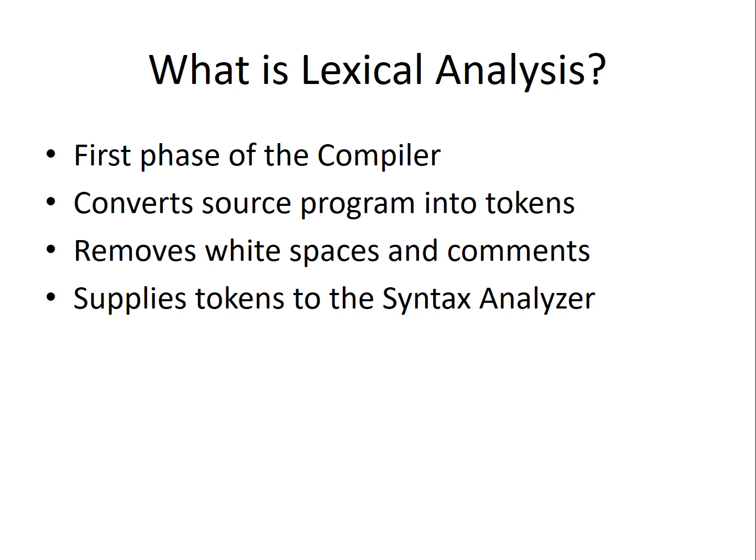And sometimes we also introduce functions with open and close brackets or braces, which will also be recognized. After recognizing all these things, these tokens will be supplied to the syntax analyzer, so that the code lies within the rules, that means the syntax of the specific programming language.